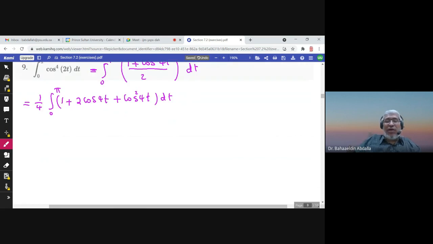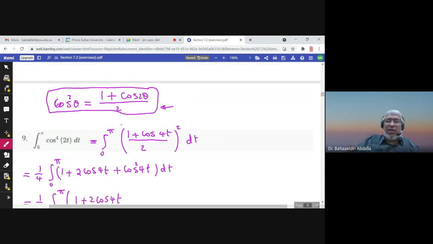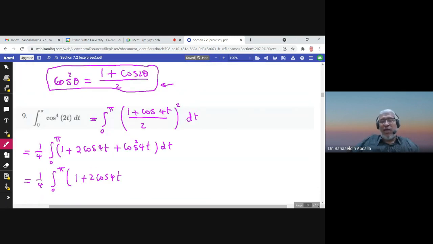So I will have 1 over 4 integral from 0 to pi 1 plus 2 cosine 4t. And let me change cosine square 4t outside. Okay. So what would be cosine square 4t? It would be 1 plus cosine 2 times 4.